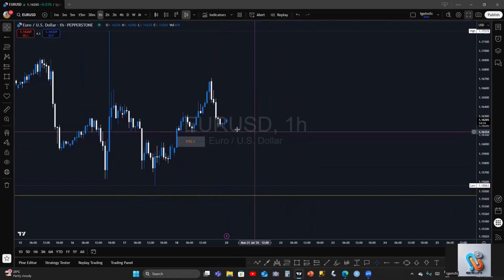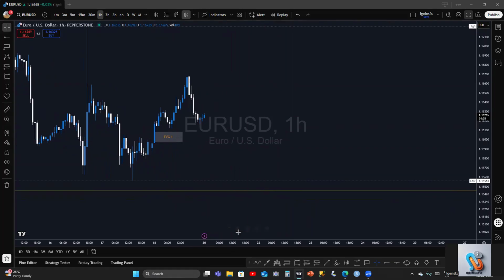We are expecting price to come and interact, close up this place, then we should dish out a buy. When price action gets to this point, you should dish out a buy.